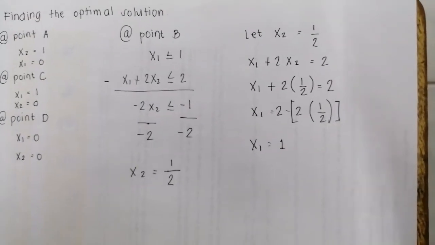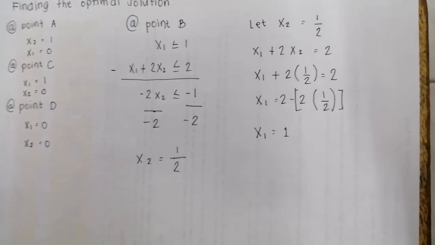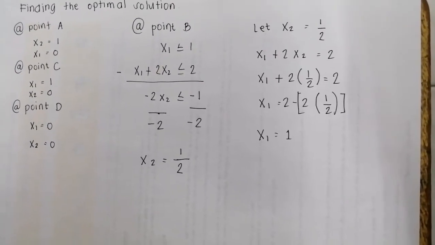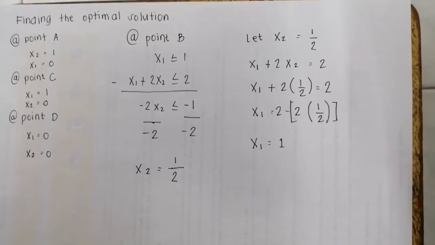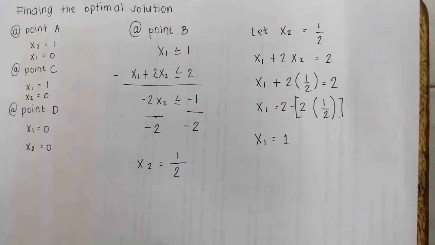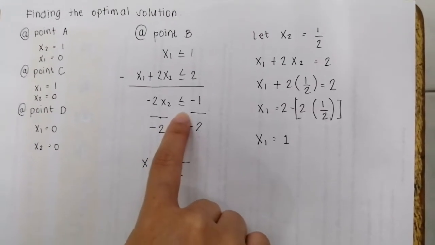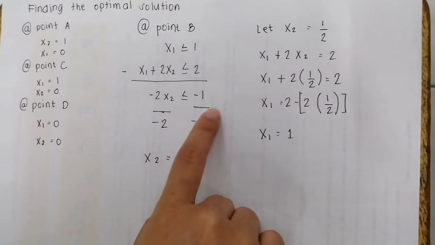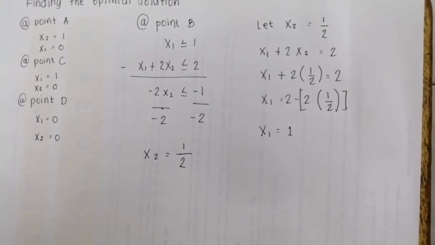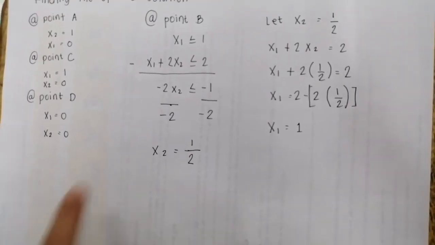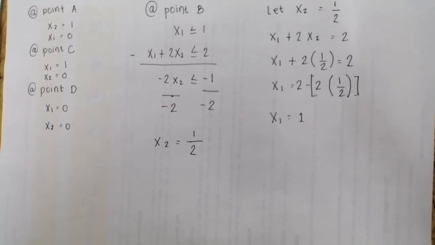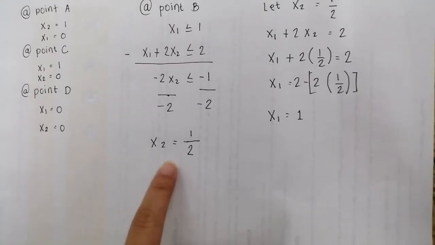So x sub 1 less than or equal to 1 minus x sub 1 plus 2x sub 2 less than or equal to 2 equals negative 2x sub 2 less than or equal to negative 1. And then we divide both sides by negative 2. So we have x sub 2 is equal to 1/2.